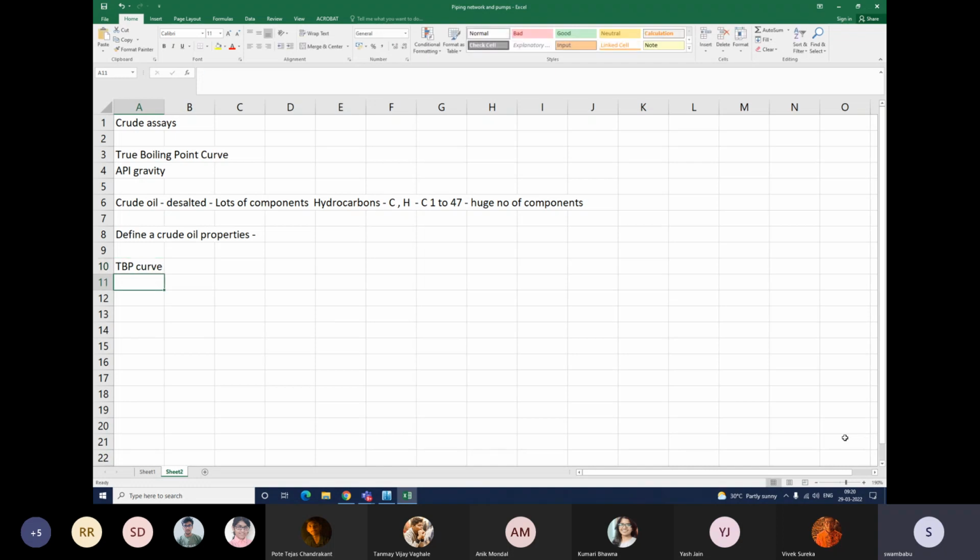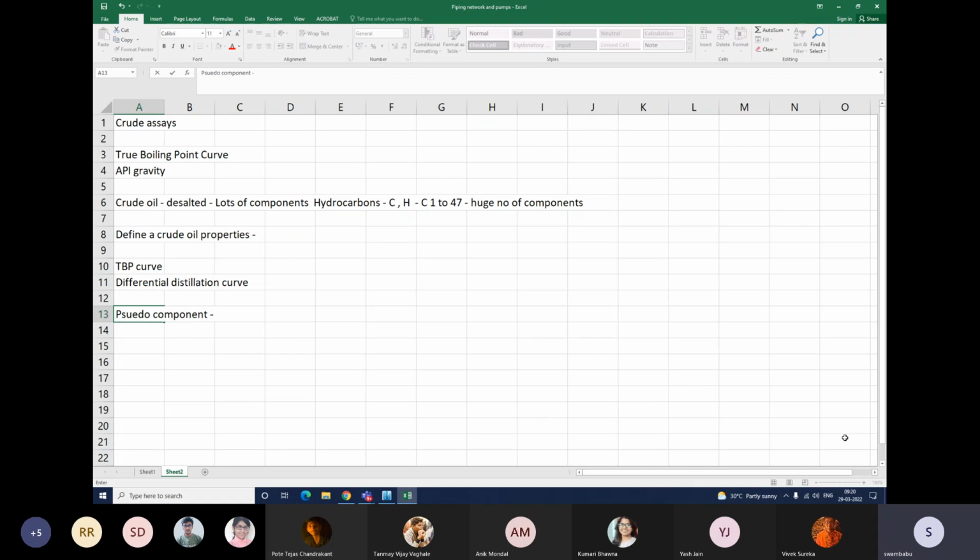In the true boiling point curve, or differential distillation curve, if you do distillation of crude oil, you will get pseudo components.